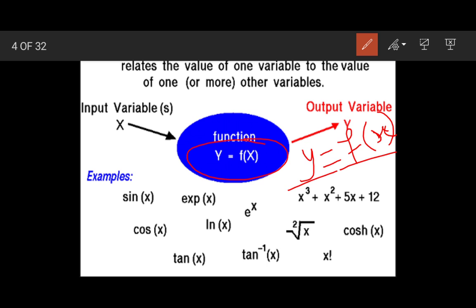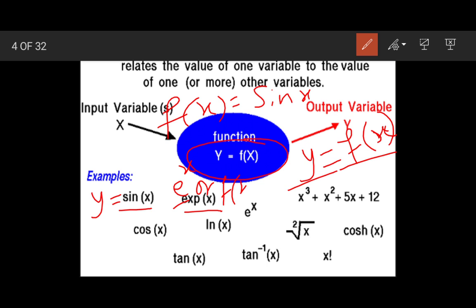Now see here, sin x is an example of function where y is equal to sin x, or we can say f of x is equal to sin x. Same thing, y is equal to e raised to x. Exponential x means e raised to x. So y is equal to e raised to x, or f of x is equal to e raised to x.